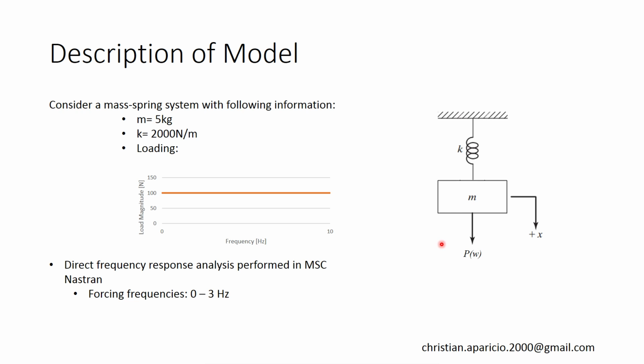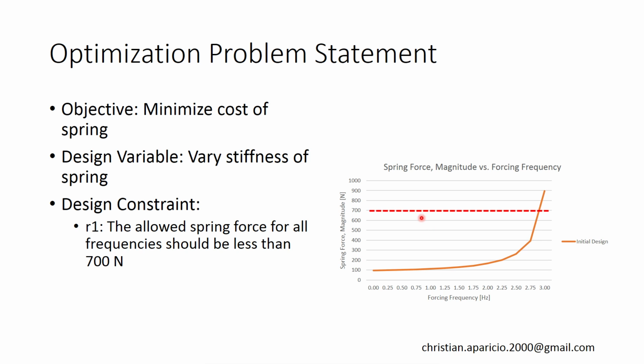Feel free to pause the video here and glance over the description of the model. And now as for your optimization problem statement, the objective is to minimize the cost of the spring. This is associated with the stiffness of the spring. The stiffer the spring is, the more costly the spring is. The less costly the spring, the less stiff the spring is.